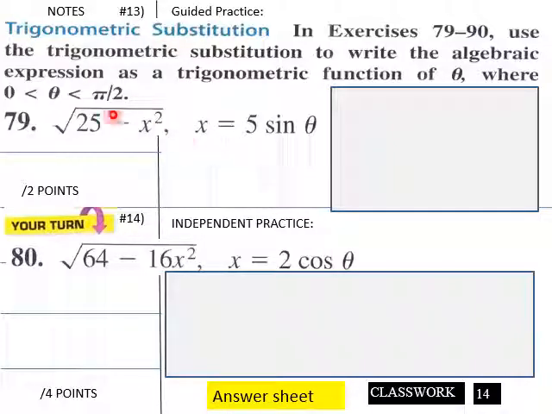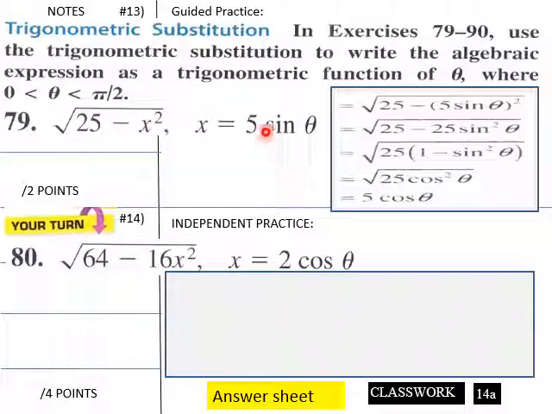Let's try one now. So we have the same range here for our function, 0 less than theta less than pi over 2, for this expression here by substituting 5 sine theta for x. So once we do that, we have 25 minus 5 sine theta squared. And then once we do our squaring, this becomes 25 minus 25 sine squared theta.